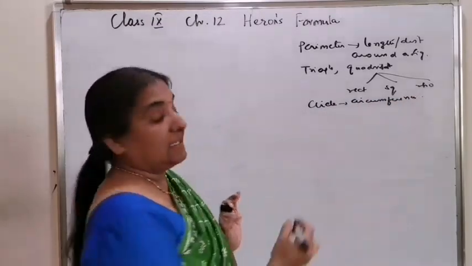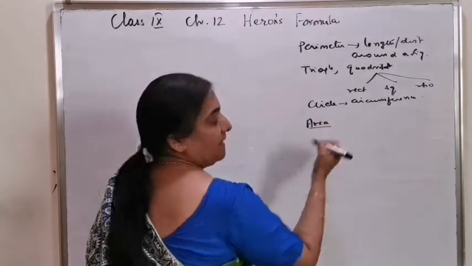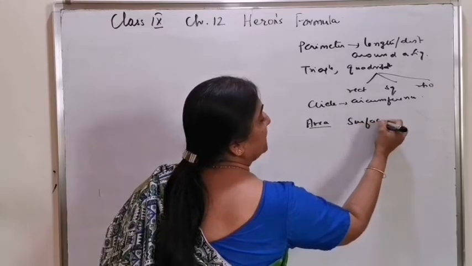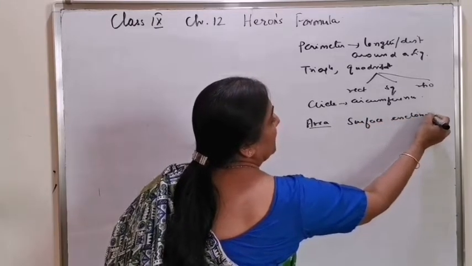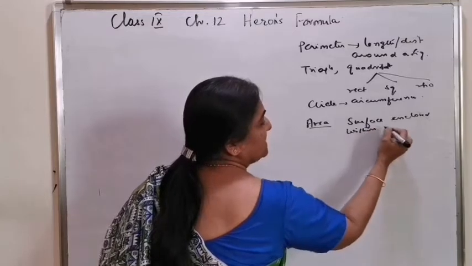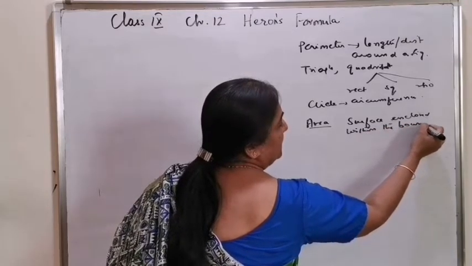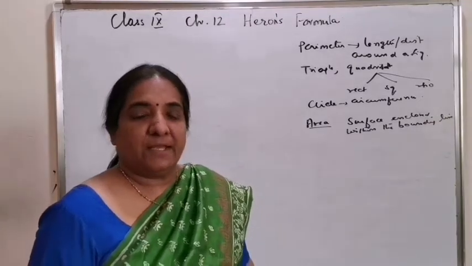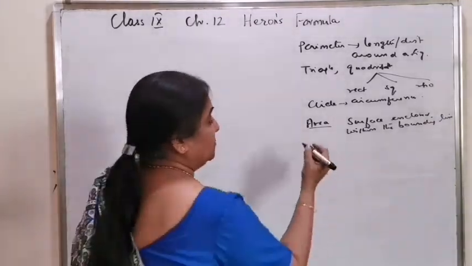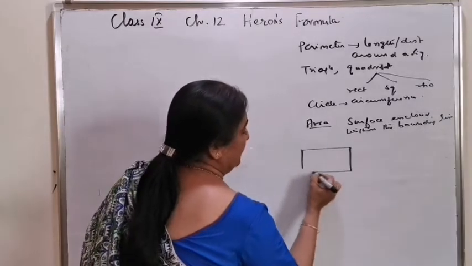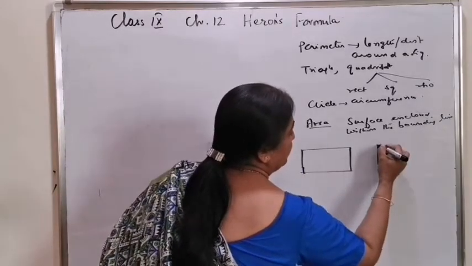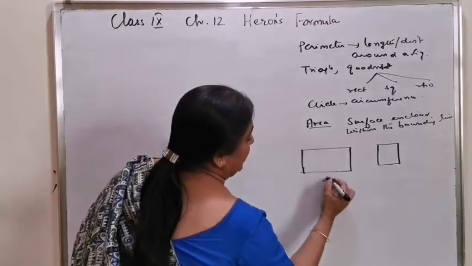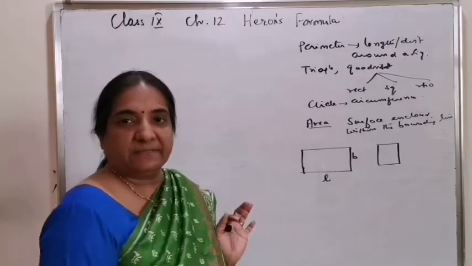And the concept of area is the surface enclosed within the bounding lines of any rectilinear figure. Now consider the rectangle and the square. A rectangle has two dimensions, length and breadth.